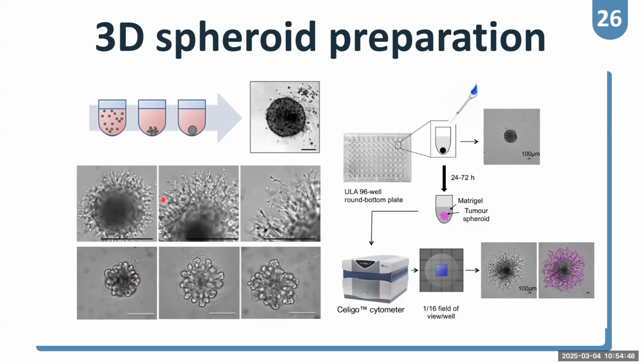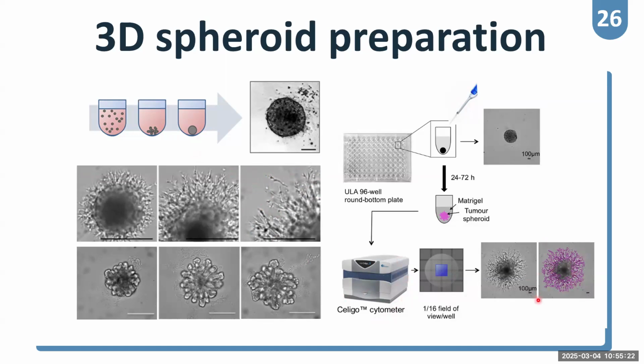Compared to the invasion, we want to observe the capability to invade the matrix, so we use absolute matrix gel, it means 100% matrix gel, to form and see the legs invade through the matrix gel. It means if they have legs and can invade through the matrix gel, they have an aggressive behavior to migrate in our body. And now you see we have the machine to observe the migration area, something like that.